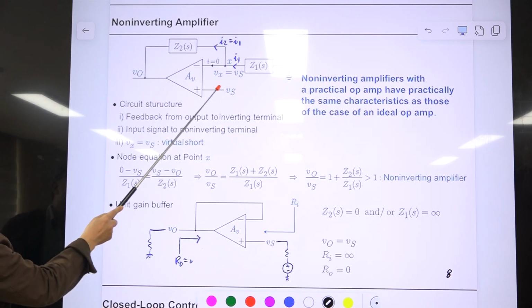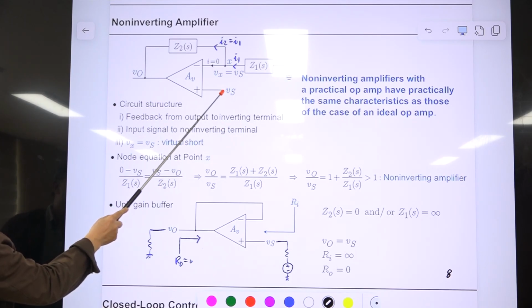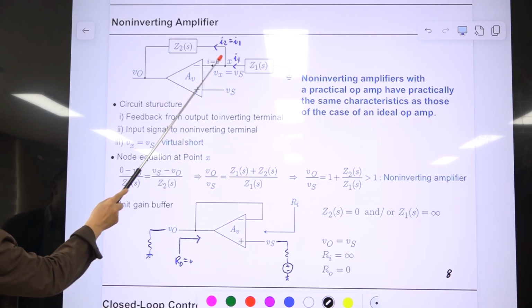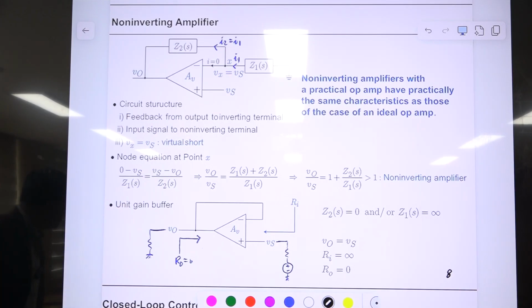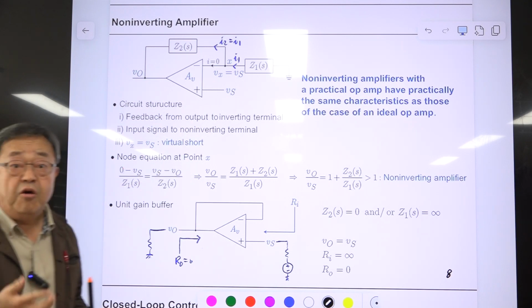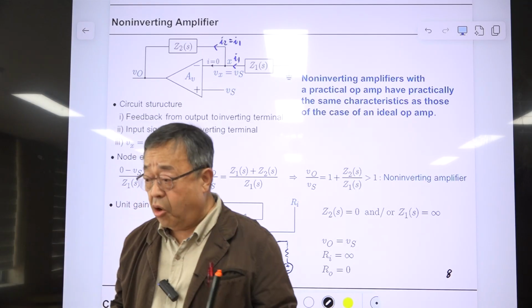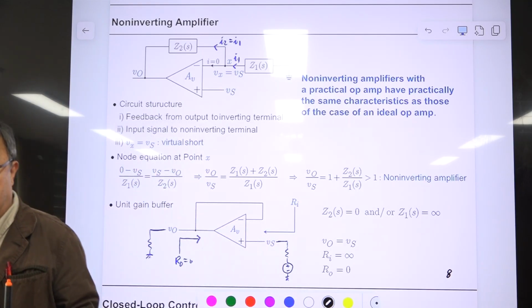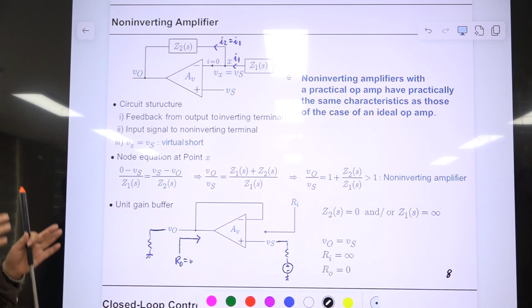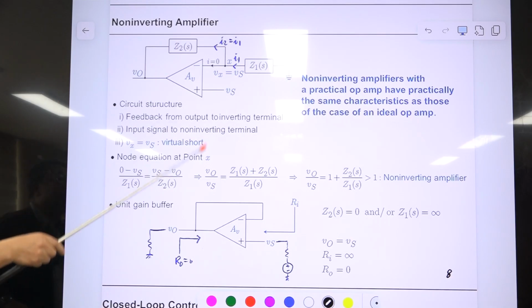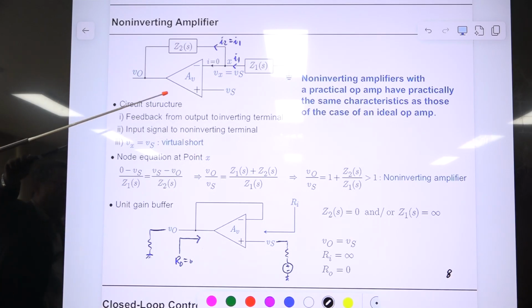Then this is not grounded, but this potential should be the same as this potential because of the virtual short of the ideal op-amp. Everything is also almost true for the practical op-amp: virtual short, virtual ground, no loading effect in the output, no loading effect in the input. Their characteristics are all valid in the practical op-amp case.